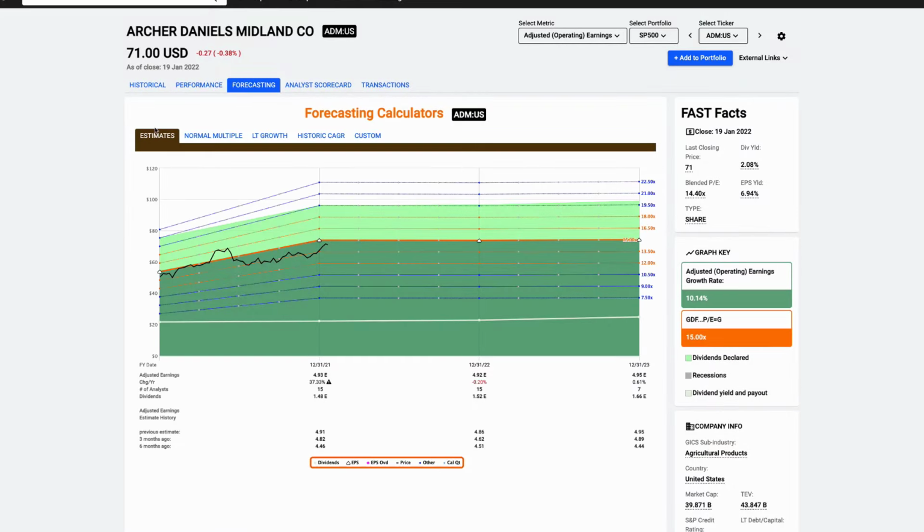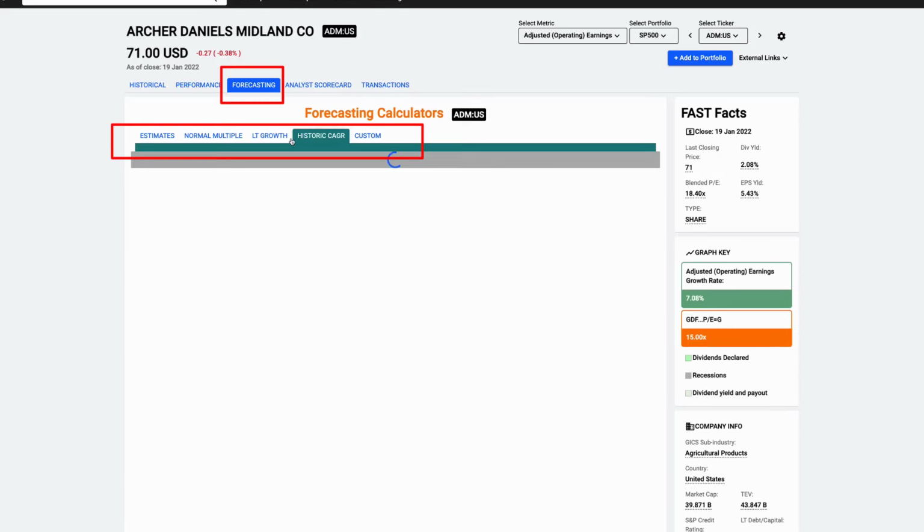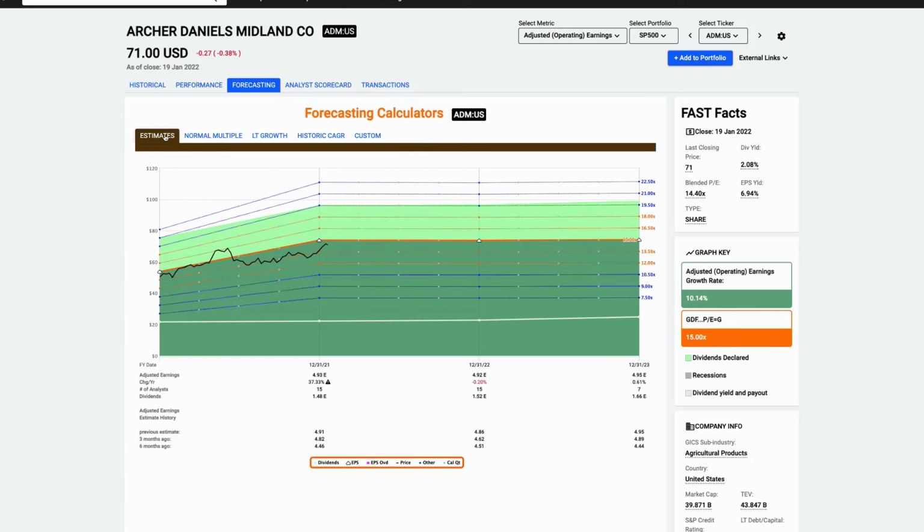So in this video, I wanted to explain the differences between the forecasting calculators and some numbers that you may get when using these calculators. As you can see, we have 5 calculators that all have different types of estimates associated with them.